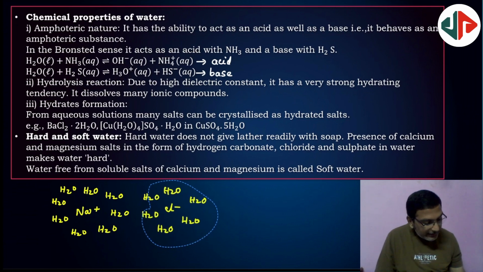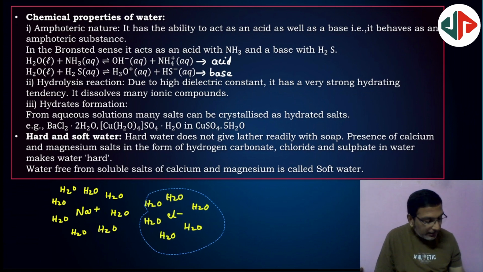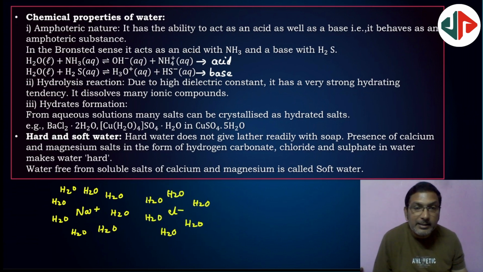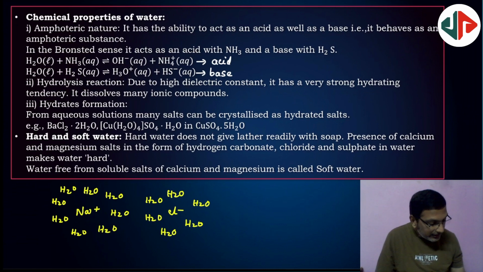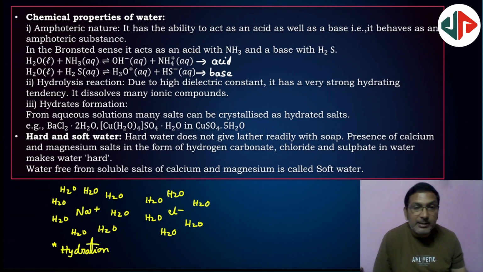So the first one is hydration of a cation, the second is hydration of an anion. In this process some amount of energy will be released. That energy is the hydration energy. Hydration means interaction of ions with water, and the amount of energy released is the hydration energy.